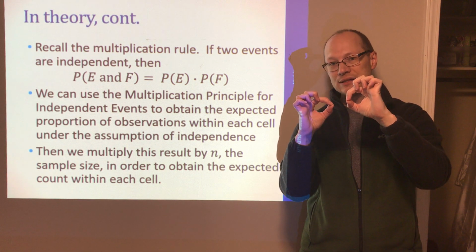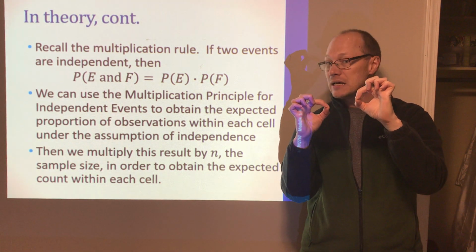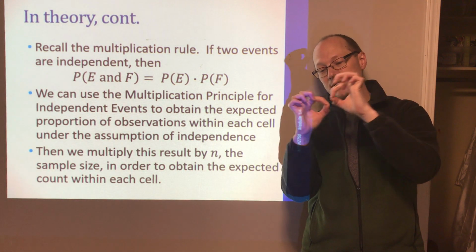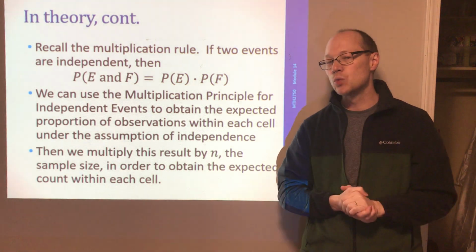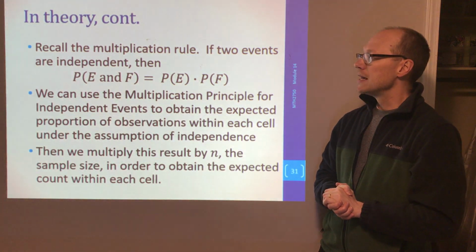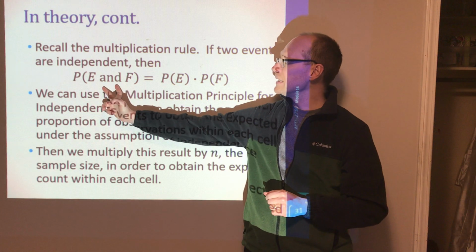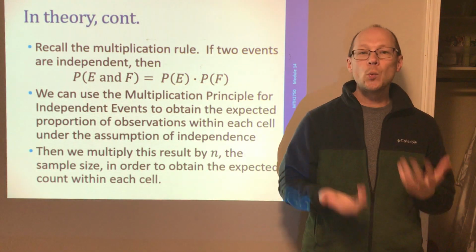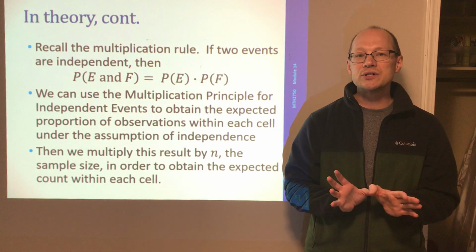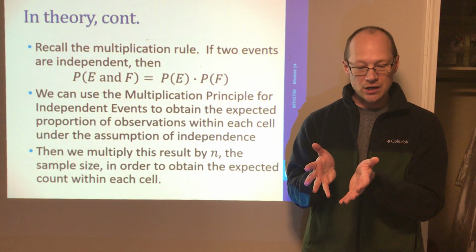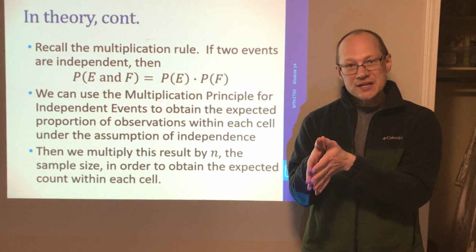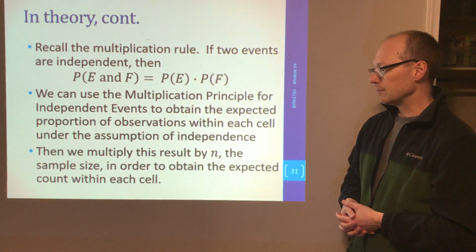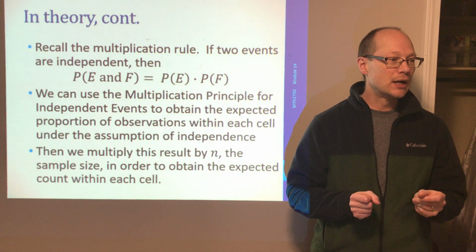That would be a negative dependence. But in either case, there either is a dependence, positive or negative, or there's an independence, a just right size amount. And knowing that the probability of E and F, if they are independent, is simply multiplying them together, we can use that to figure out what the probabilities and what the expected counts would be for this contingency table. I'm going to jump to an example pretty quickly.